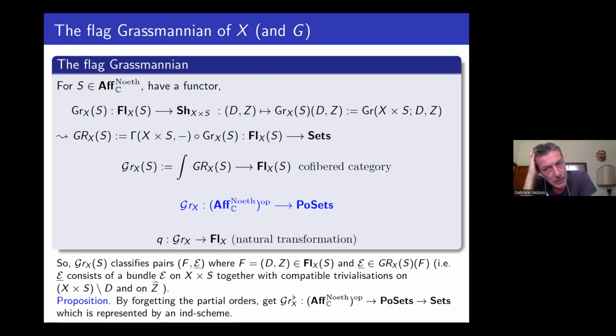But now you can forget about the partial order, so you can forget about the inclusions of flags and just go to sets. So you get a presheaf of sets on affine Noetherian over C. And then this presheaf of sets, you can prove it's represented by an ind-scheme.